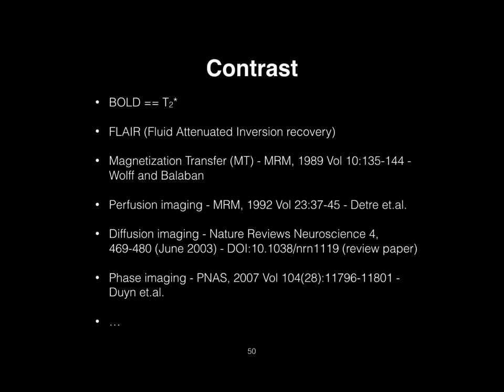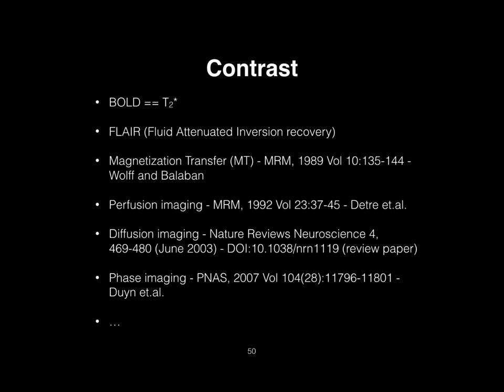Perfusion imaging is trying to get at how much blood is flowing to a given volume and is actually leaving capillaries and entering tissues. Diffusion weighting, which is another one that's pretty heavily used locally, gives weight to how far water molecules can diffuse away from essentially the start of the imaging experiment.